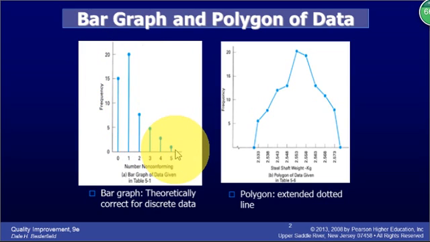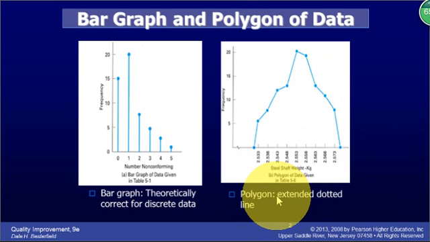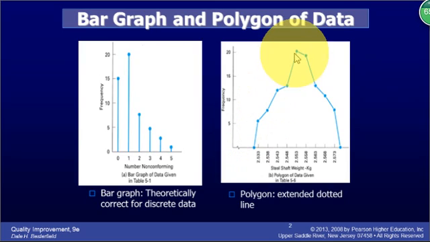The bar graph is theoretically correct for discrete data. However, it is not suitable for grouped data. On the right-hand side is a polygon of the data for the steel shaft weights. We make a dot for each midpoint of each class, and this dot has a height of the frequency, and then we use a line to link all these dots, and it forms a polygon.